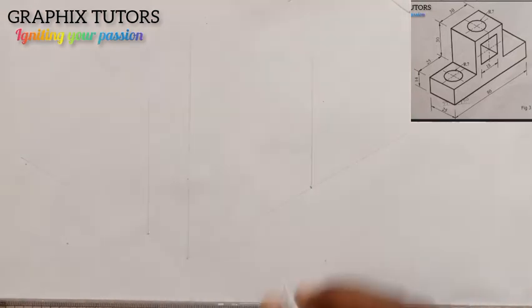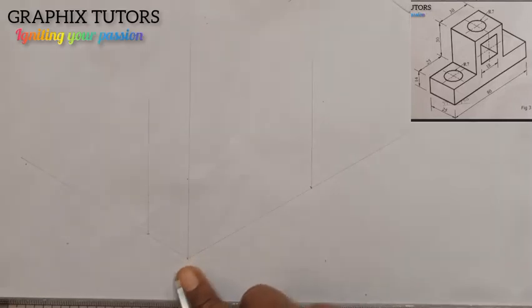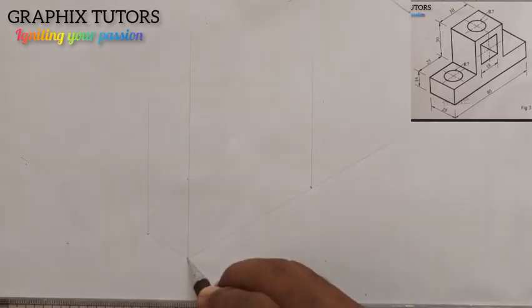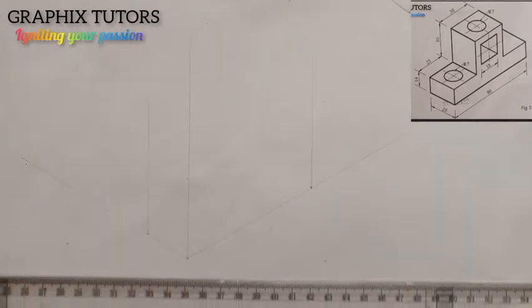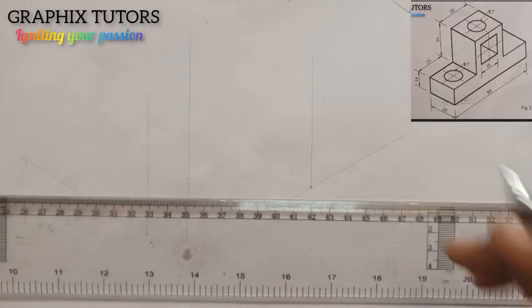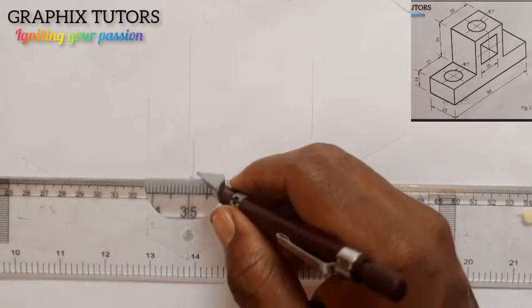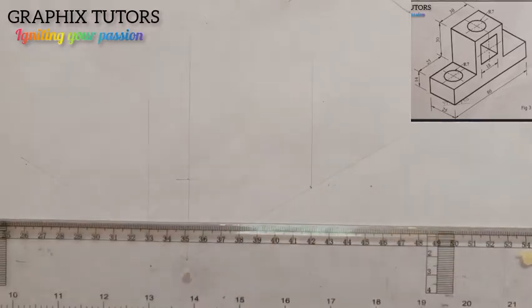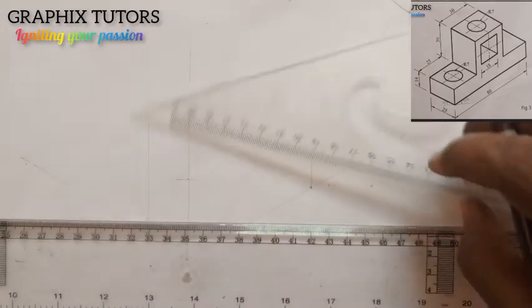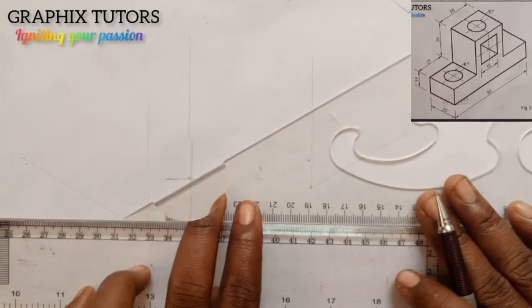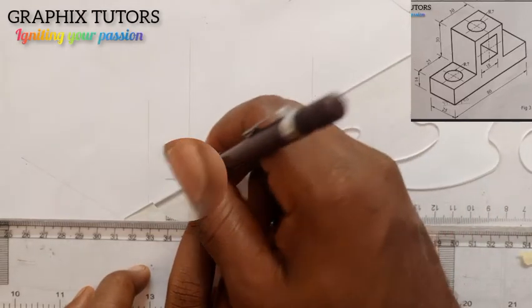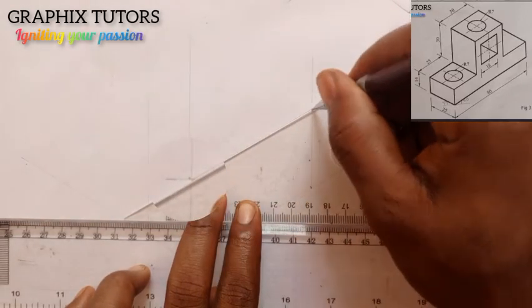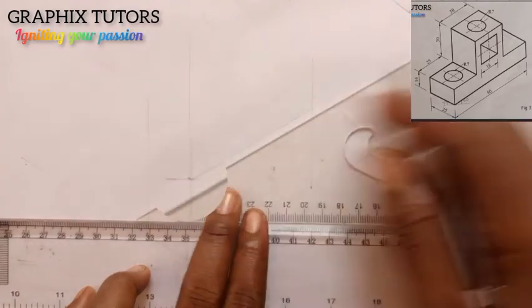Now I'm going to join what I did here to draw my inclined axis at this point here. I will move to this point. I'm going to just draw a horizontal line here. Now take my T-square, and I'll draw this from this point at the angle of 30, and turn this to this point this way.